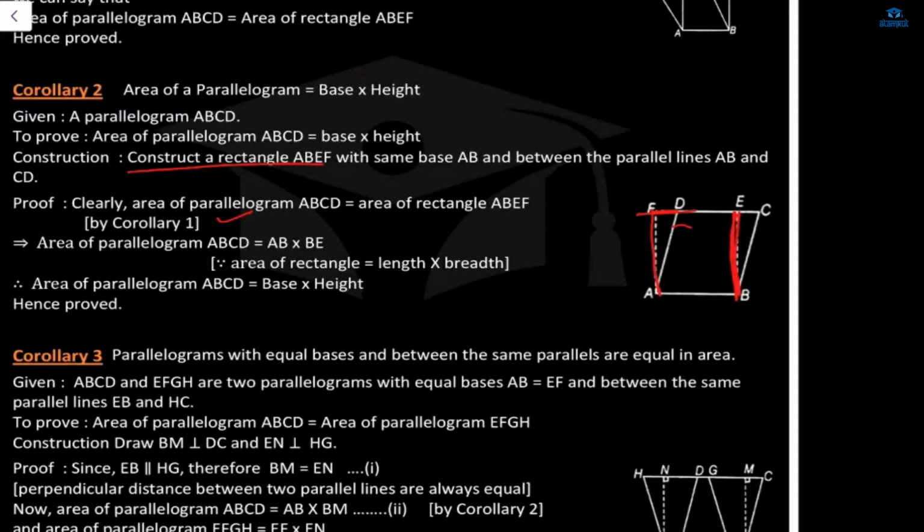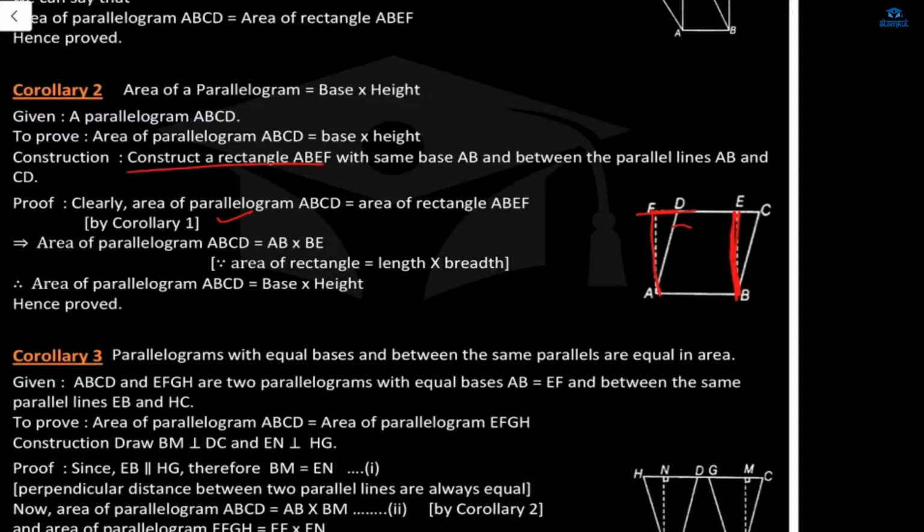So you can write AB into BE, or AB into AF. I'm not using AF. I'm using BE because it is inside the parallelogram ABCD. So AB into BE, length into breadth.